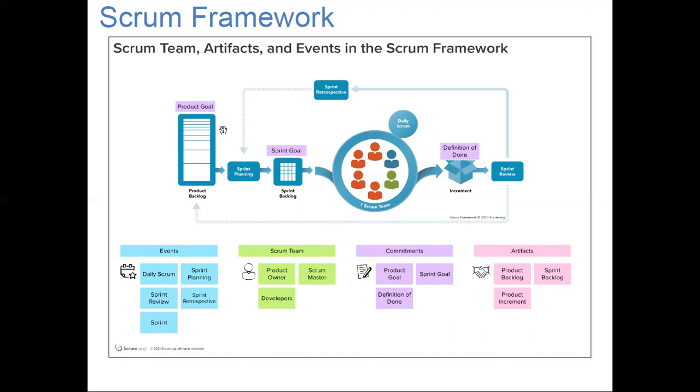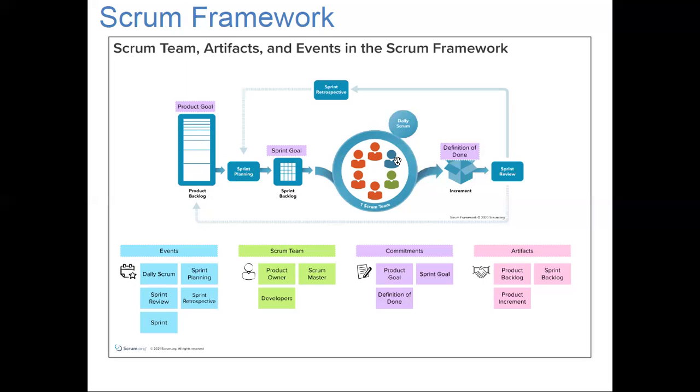Okay, so this is the design, or we can say it's one diagram. This is the product backlog here. The product backlog refers to a product goal. Then here is the sprint backlog. Once our sprint starts, we will have a sprint planning meeting. Then we will come up with the sprint backlog, and the sprint goal is tied up with the sprint backlog.